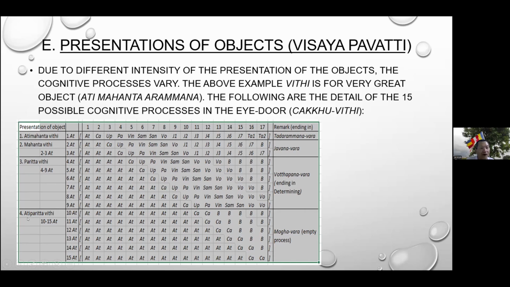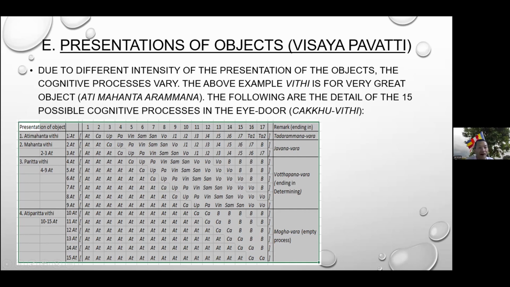And the fourth type is Ati Parita Vithi, that means very slight objects. Then the Atita Bhavanga will be from 10 to 15, and this is the cognitive process that you get.